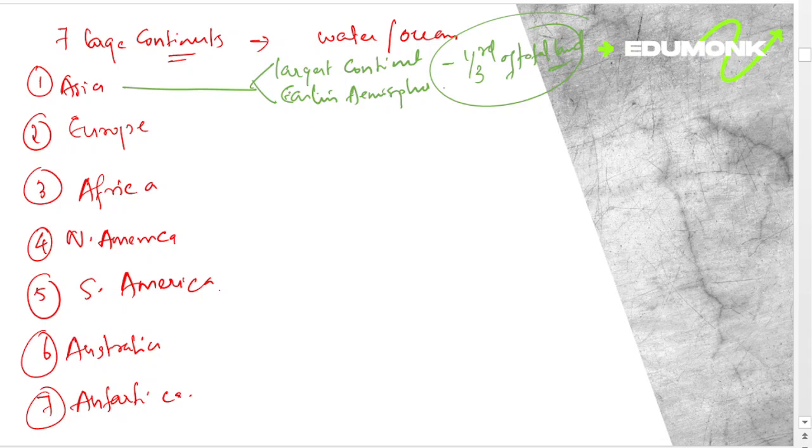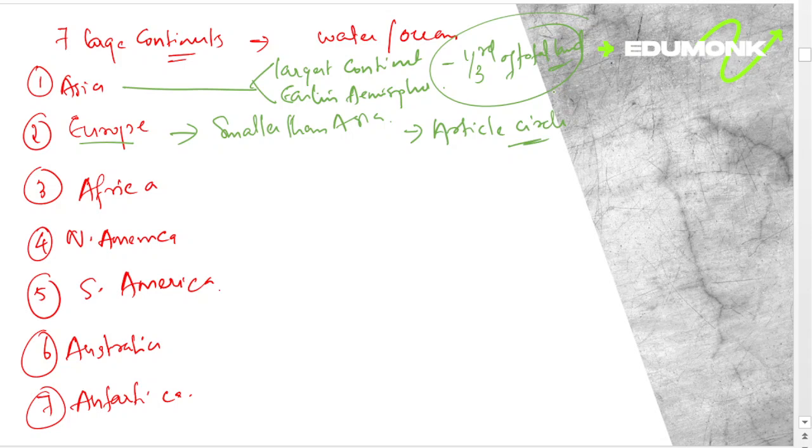Then we will go to Europe. Europe is smaller than Asia and lies west of Asia. In Europe, the Arctic Circle is passing through Europe.